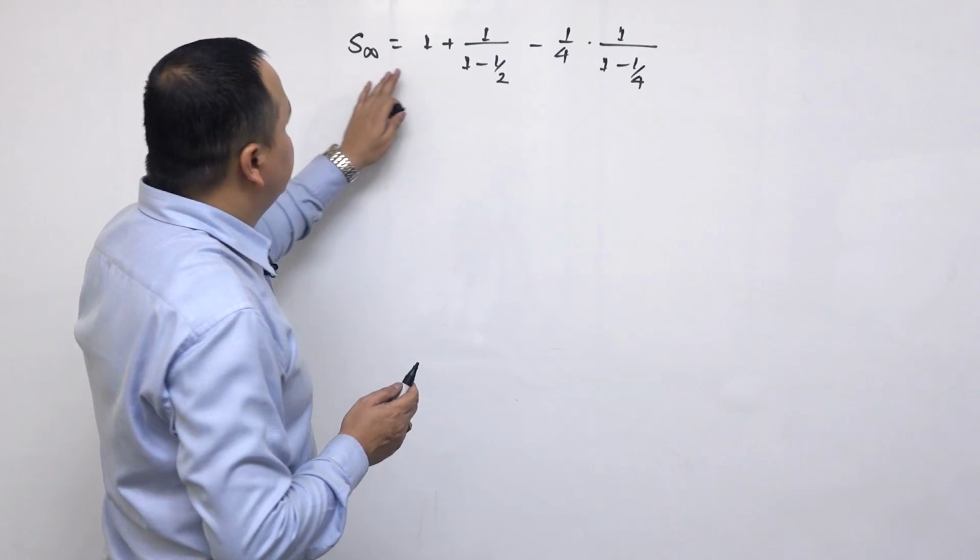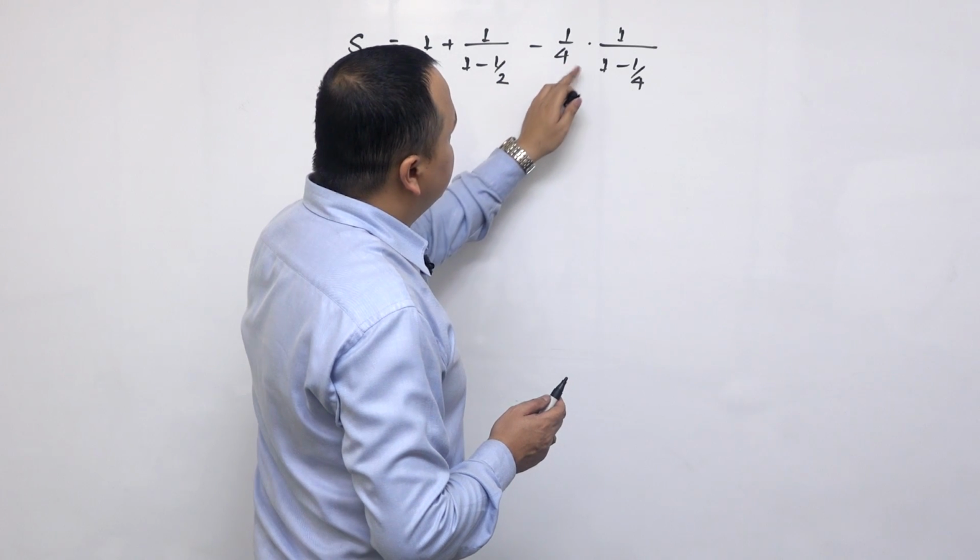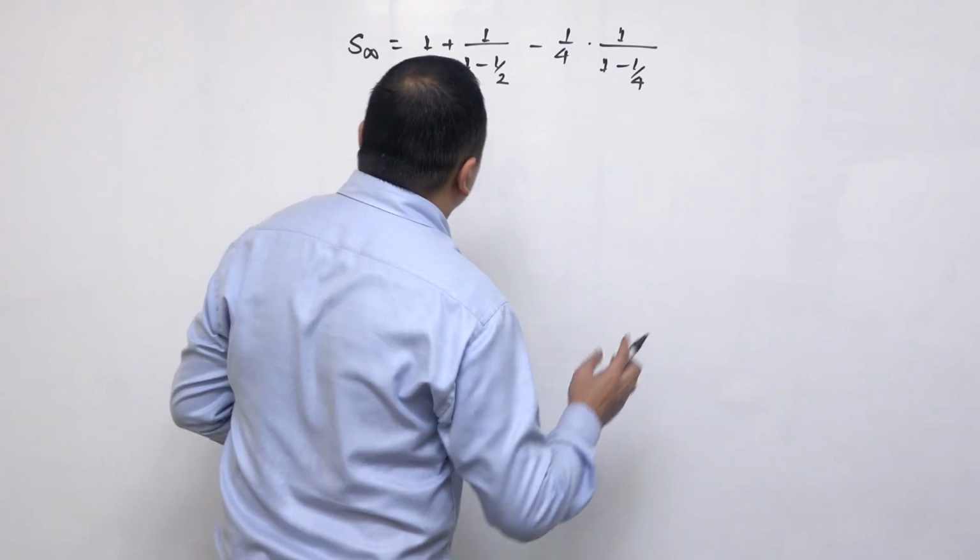Okay, continue. S infinity is equal to 1 plus 1 upon 1 minus 1 upon 2, minus 1 upon 4 into 1 upon 1 minus 1 upon 4.